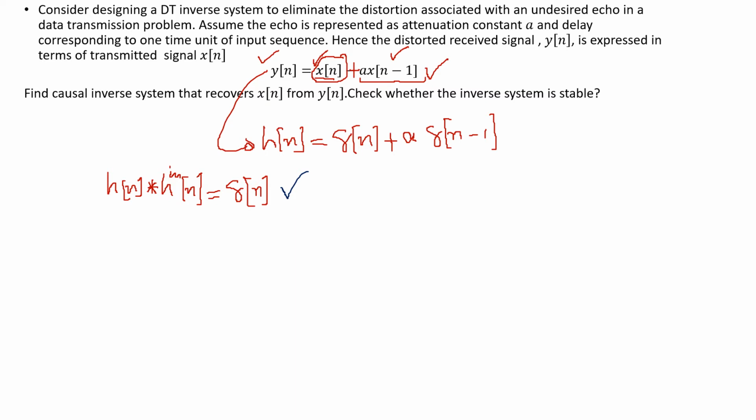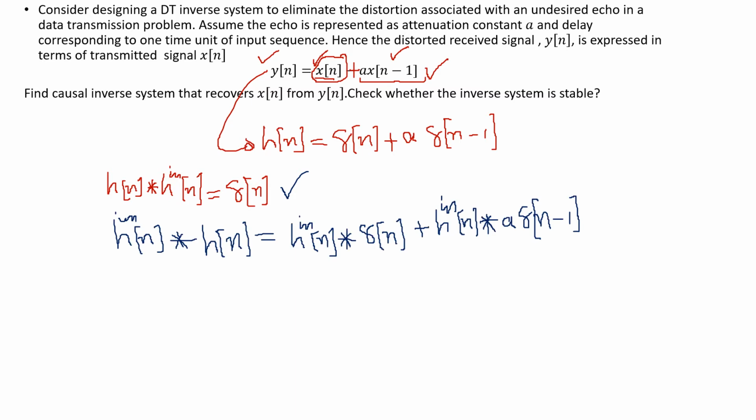So we know h of n. h of n convolved with h inverse of n is the same as h inverse of n convolved with h of n, because convolution holds the commutative property. Next is the distributive property.